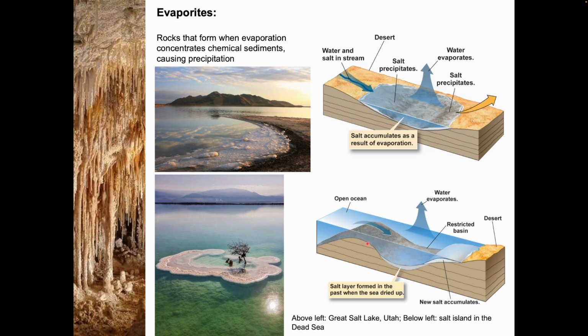During that time, the water will dry up and leave behind salts or evaporite minerals on the bottom of the basin. Then the ocean will rise again and flood that basin, and it will deposit more mud and add new minerals that will then be deposited again as the sea falls and it dries up again, and you can picture that cycle repeating over and over again to create deposits of evaporites.